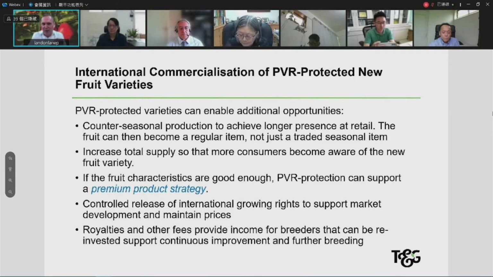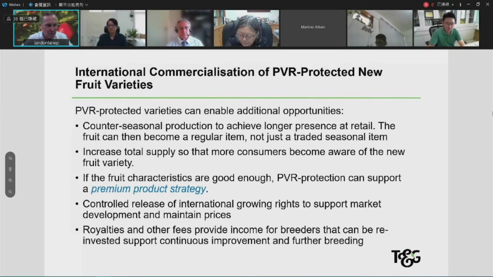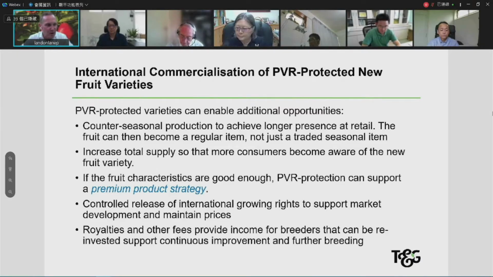If you're just a seasonal product, then it's much more difficult to be important or to be appreciated by the supermarkets.